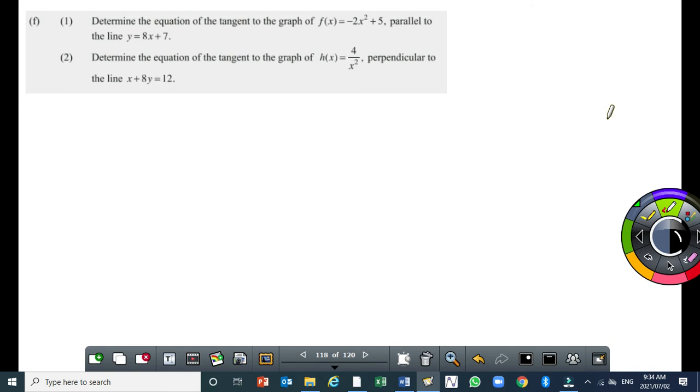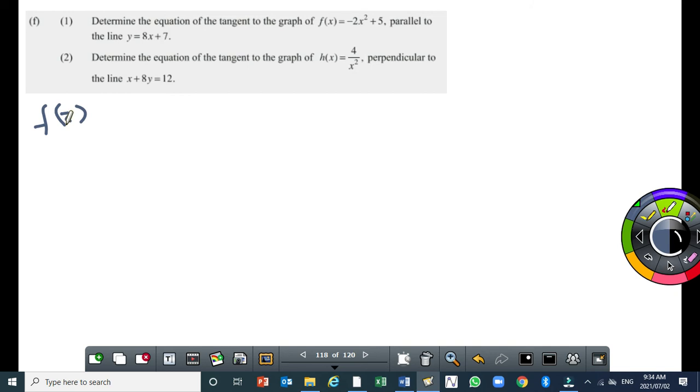The next example is F2. The question says, determine the equation of the tangent to the graph of h of x equal to 4 over x squared, perpendicular to the line x plus 8y equal to 12.